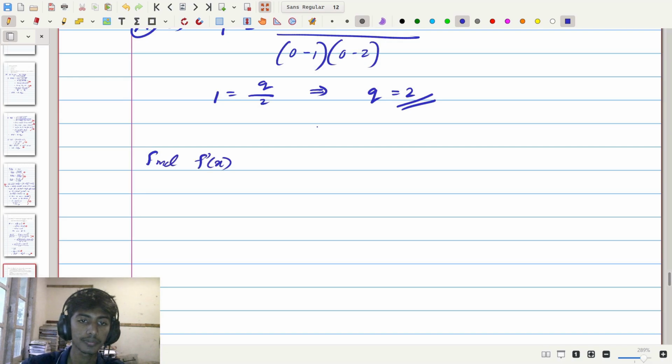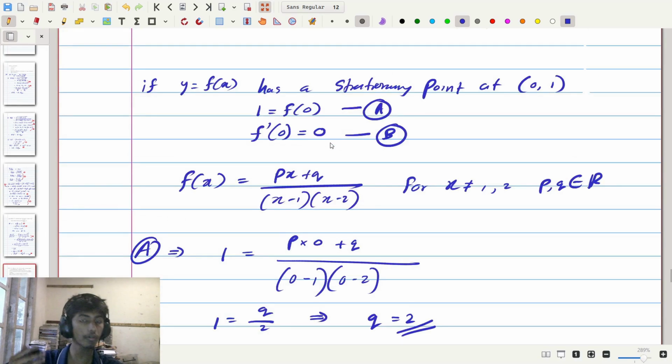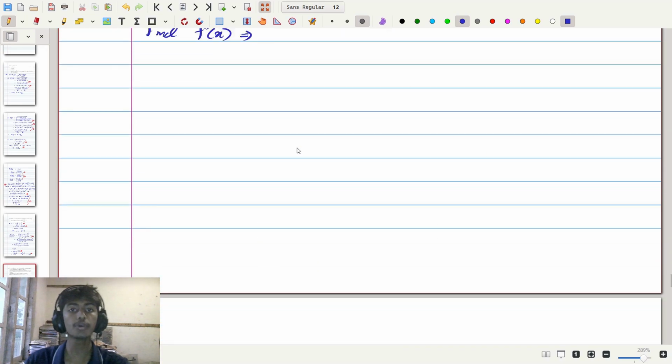Now as we know, if you have a function of the form f of x divided by g of x, or a quotient function, then we can use the quotient rule in order to find its derivative.